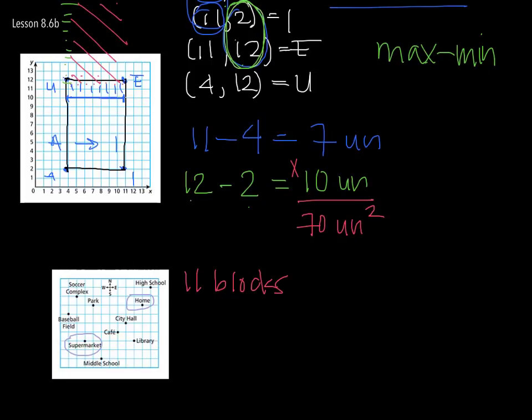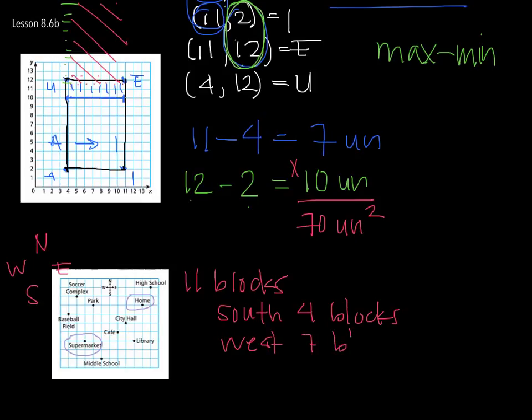Okay? But when I think about going my 11 blocks, I have to think about it in terms of direction. So if I think about my cardinal directions of north, south, east, and west, I would go south 4 blocks, and then west 7 blocks.